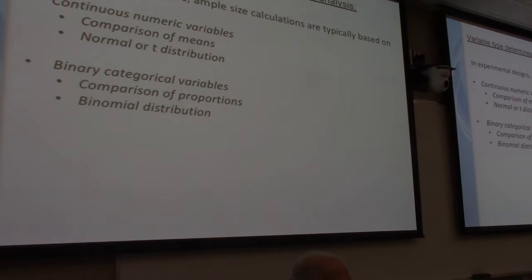For a continuous numeric variable, Chris has already told us, we're comparing means, so we're going to use a normal distribution or a t-distribution, typically a t-distribution. If we're comparing a binary categorical variable, we're interested in proportions or counts, and we're going to use a binomial distribution. And really, that's it.